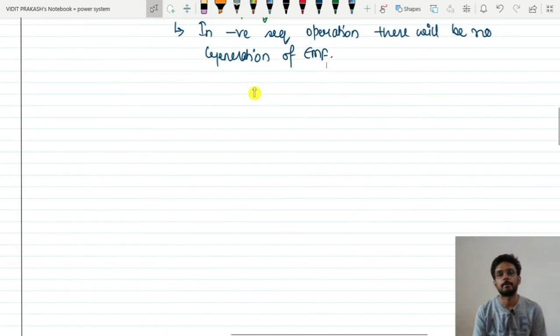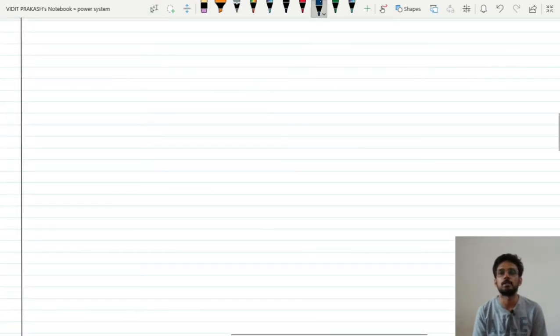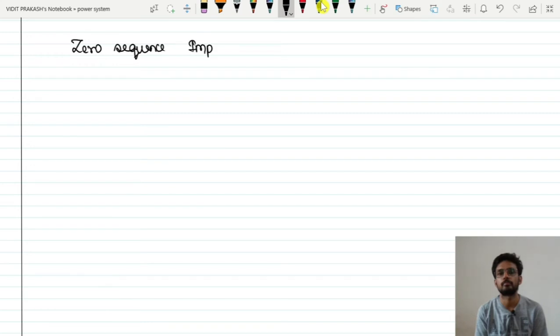Now third is zero sequence impedance. So what is zero sequence impedance?